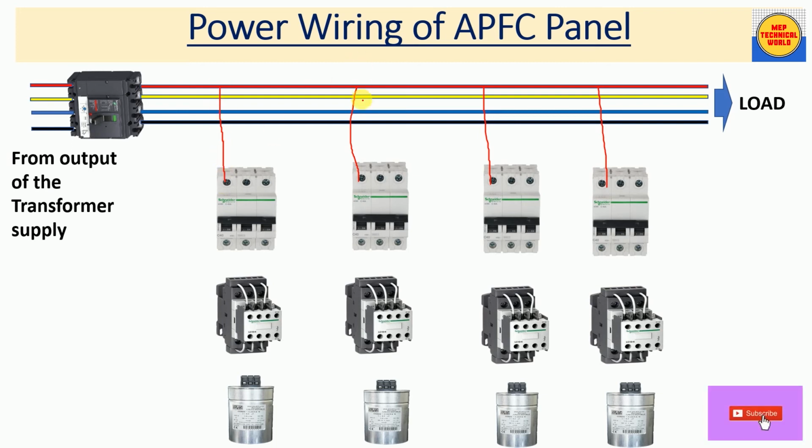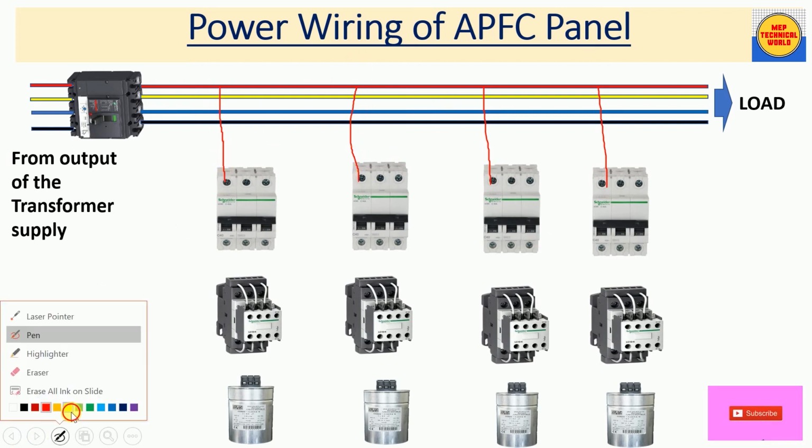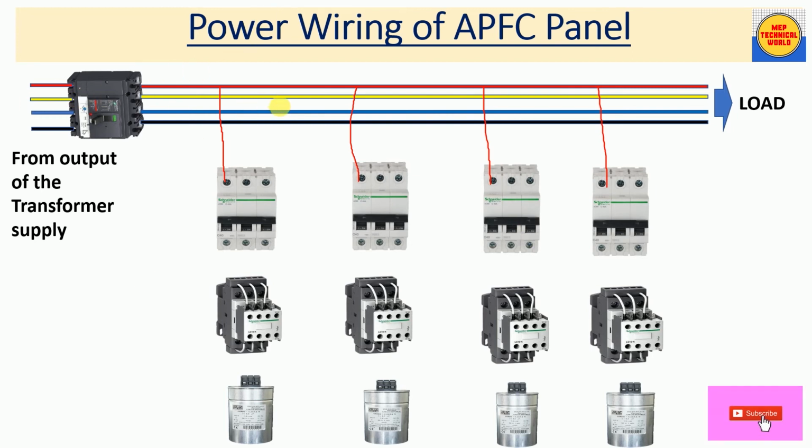Now for the yellow phase, let's connect the yellow wire from this bus bar and connect it to the input terminal of the MCB. Similarly, in this way we can also connect to the second MCB, and in this way we can connect to this MCB. Now come to blue one.